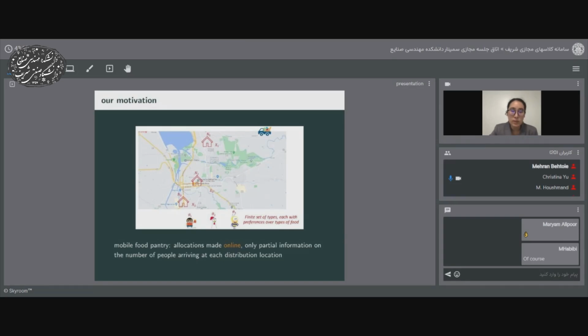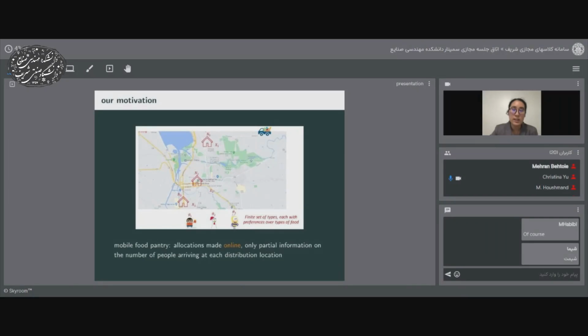So this mobile food pantry has to make decisions at the beginning of the day of how much food to pack onto the truck. And then as it visits these different locations one by one, it has to decide how much food to distribute to people at location 1 before it gets to see how many people arrive at location 2, location 3.